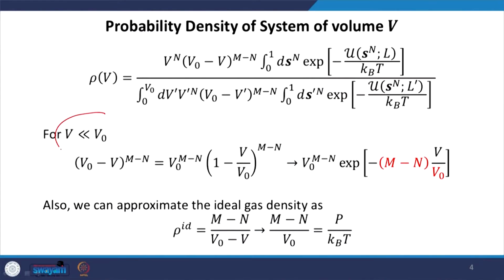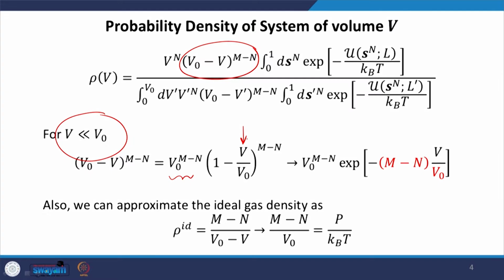So, for V much smaller than V naught, what we can see is that whatever factor we are having, V naught minus V to the power m minus n, that I can approximate by taking V naught common, and then we have 1 minus V by V naught to the power m minus n. V by V naught is a small number.